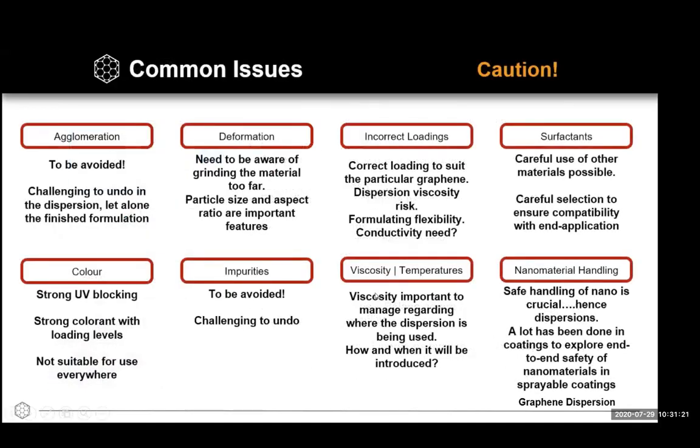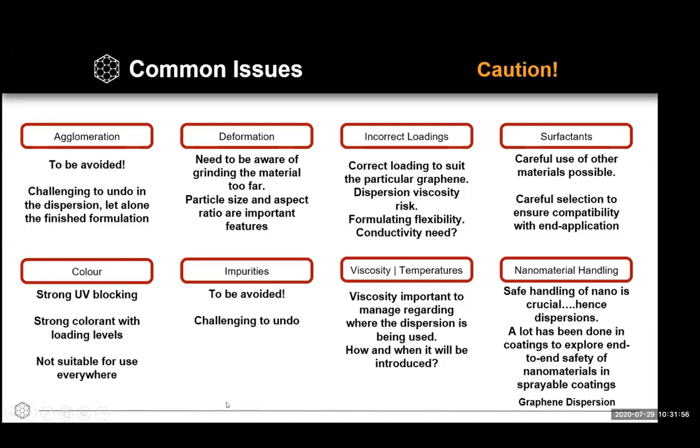Terence talked about some of the common issues related to dispersion technology, and there are clear things to be at least cognizant of in terms of understanding how you're going to deploy these materials in practical applications. Agglomeration is a key one to be avoided, and that in and of itself is challenging to undo in the dispersion, let alone in the finished formulation, and we would have to do a lot of work with that dispersion to undo agglomeration.